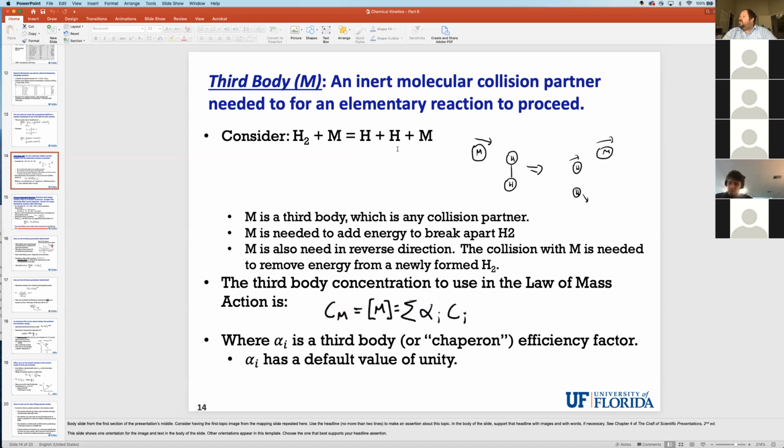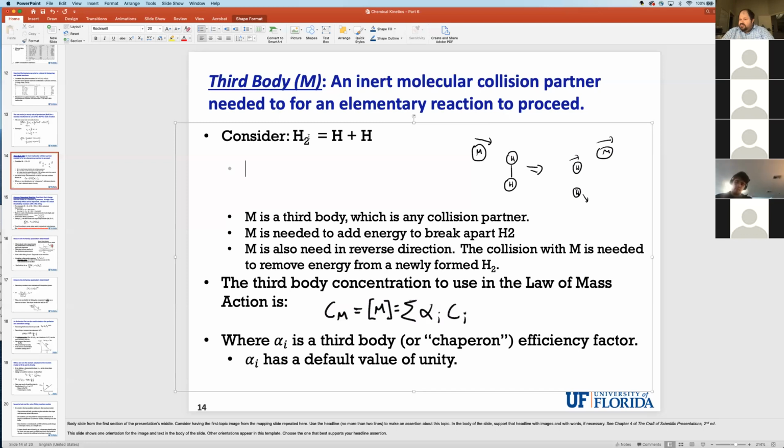Why this is needed: just consider we have our H2 molecule happily sitting there doing nothing. And let's consider this chemical reaction without the third body. Do you expect that if you have an H2 molecule that's happily sitting there, it would just spontaneously fly apart by itself with no additional energy input?